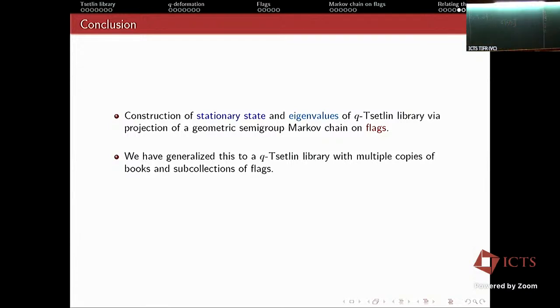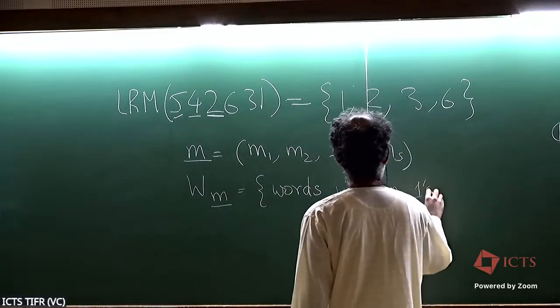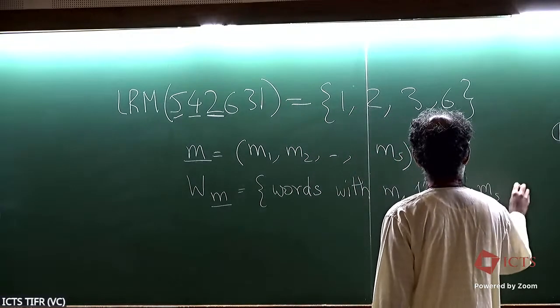So if I take a vector of multiplicities, M1, M2, etc., M sub S, and I take W sub M to be the set of all words with M sub 1 ones, etc., M sub S S's.